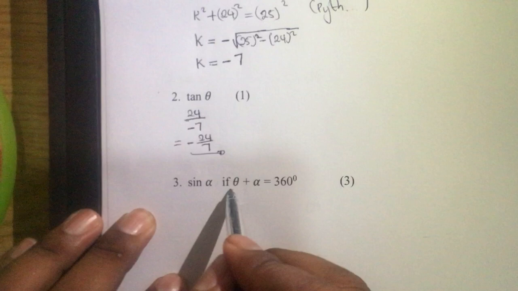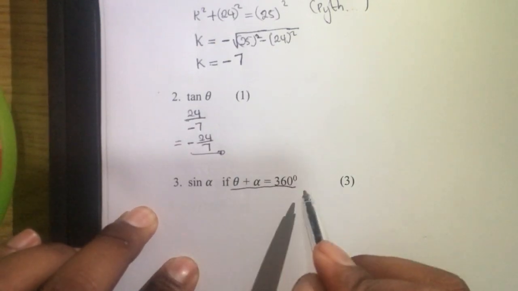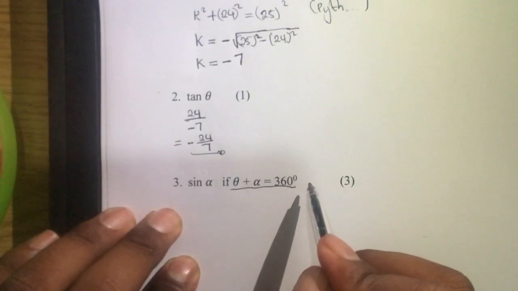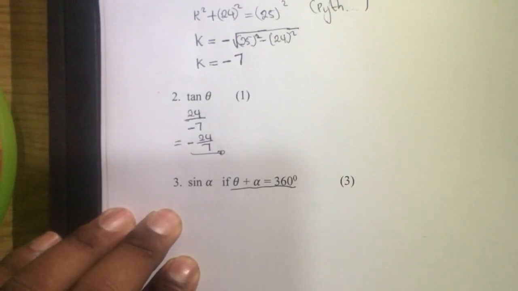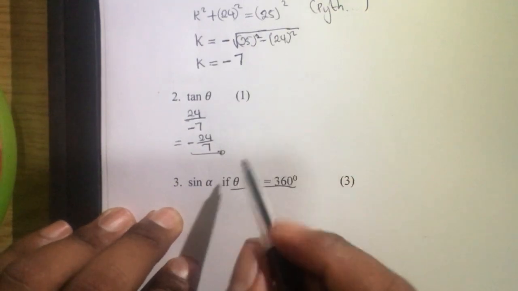They've noticed to us that if we add theta plus alpha, it is equal to 360 degrees.